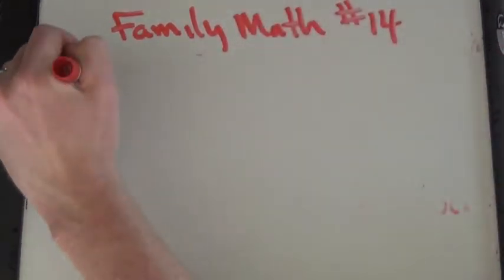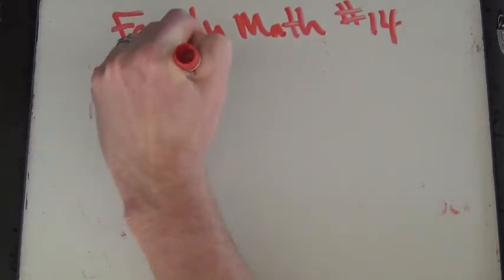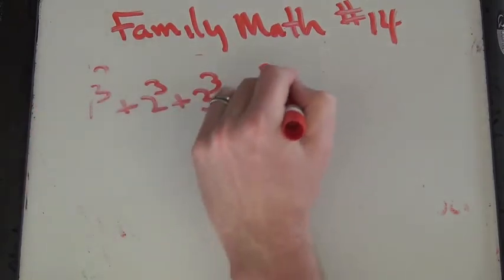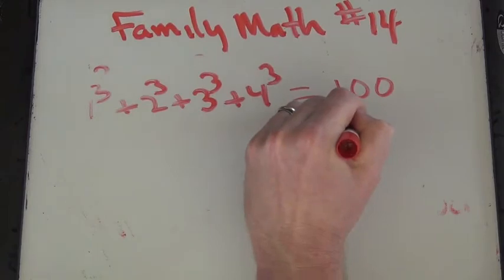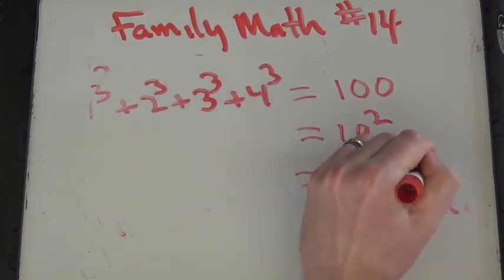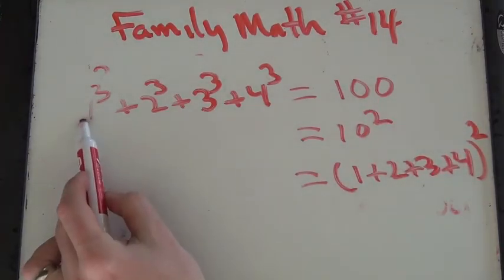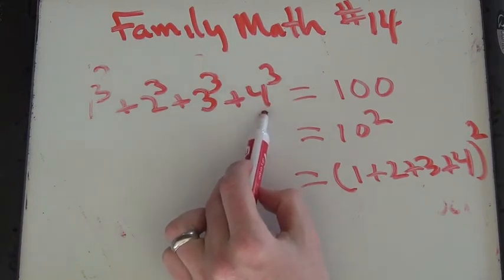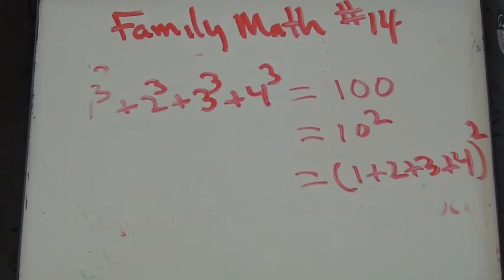So we just ran across a really interesting property here. That 1 cubed plus 2 cubed plus 3 cubed plus 4 cubed, which was 100, is the same as 1 plus 2 plus 3 plus 4 squared.